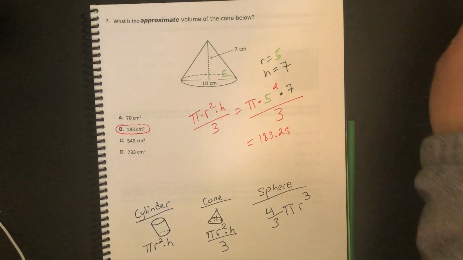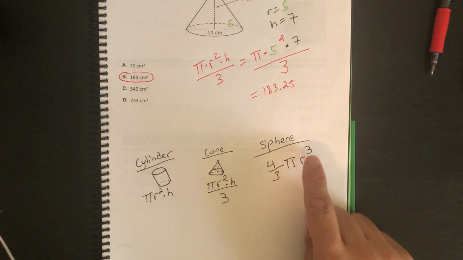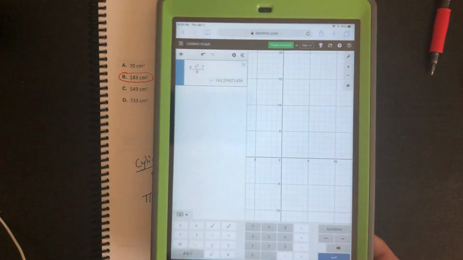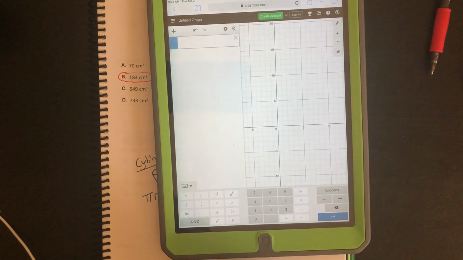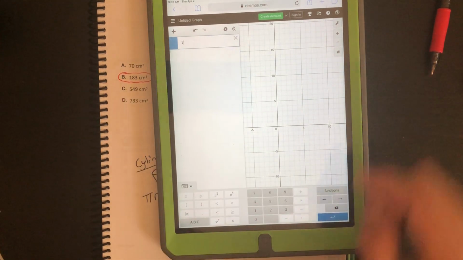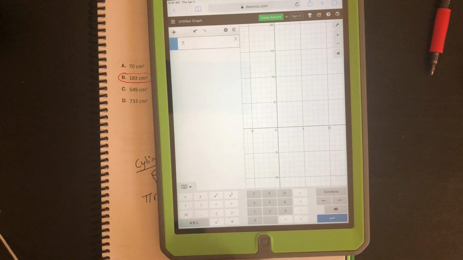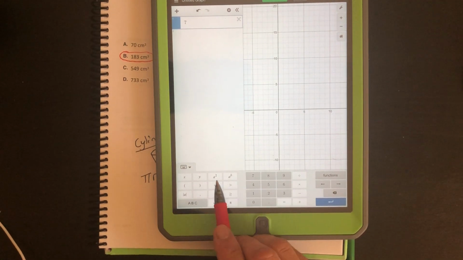Now, I believe on the SchoolNet assignment, you will have problems that have a sphere, which if you notice, you have an exponent of 3. If you have any questions about how to put an exponent of 3, I'm about to show you. So let's say we have 7 to the power of 3. So I have my 7. Now, to be able to add any type of exponent, something that's other than 2, you will click the little button that is right beside the a to the power of 2.